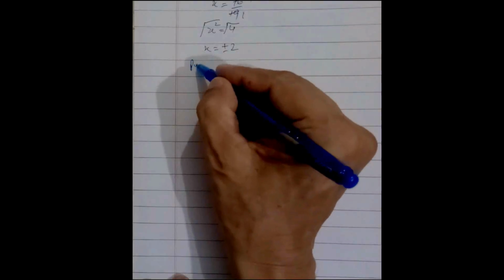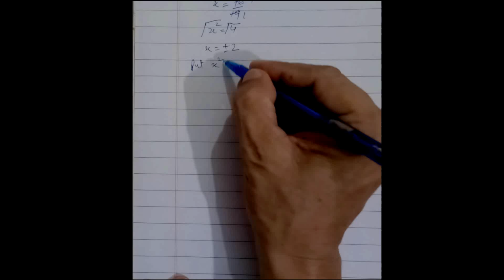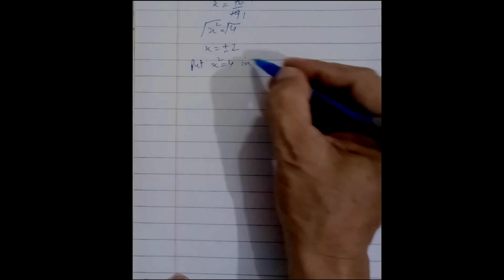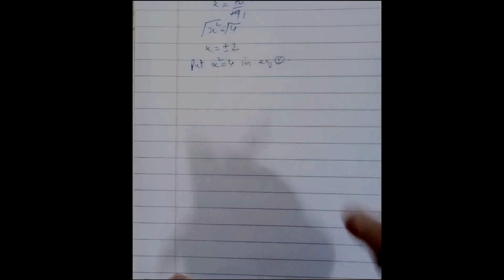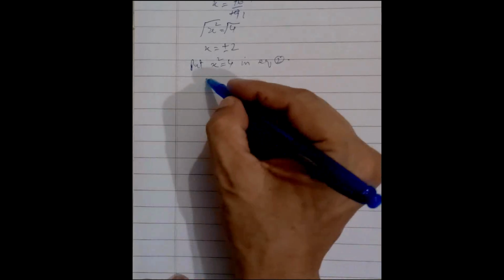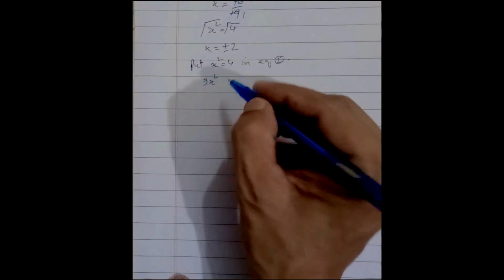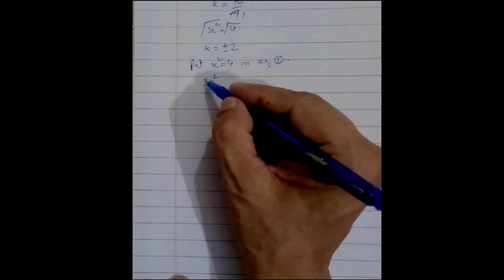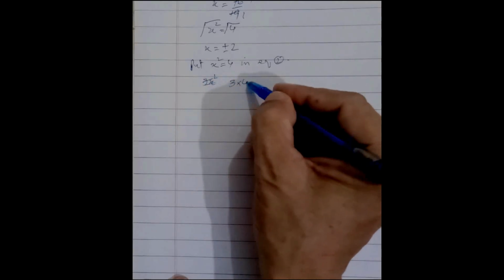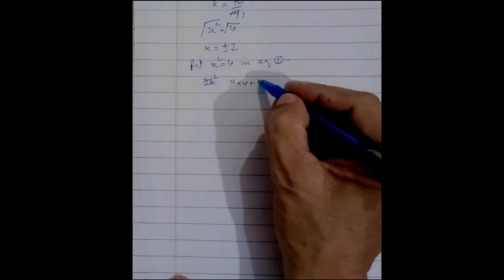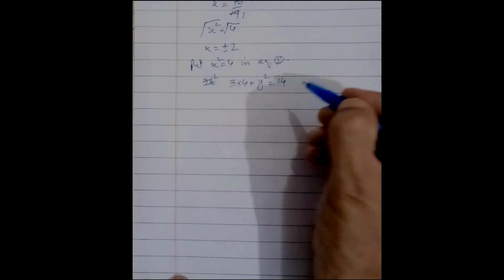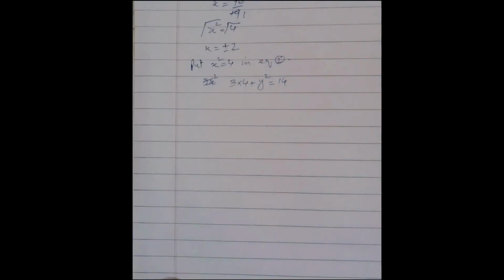And then we find the values of y. We put x² = 4 in equation 2, we get 3x², sorry, 3 multiplied by 4 plus y² is equal to 14.